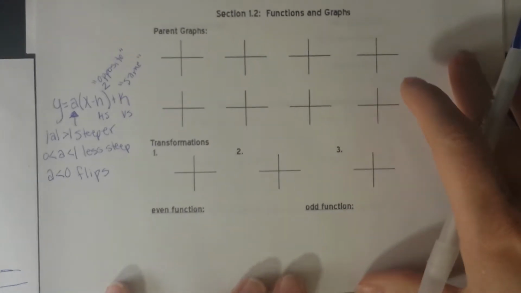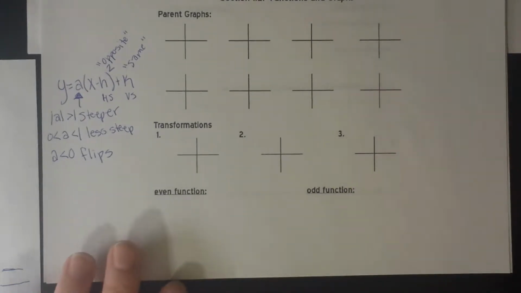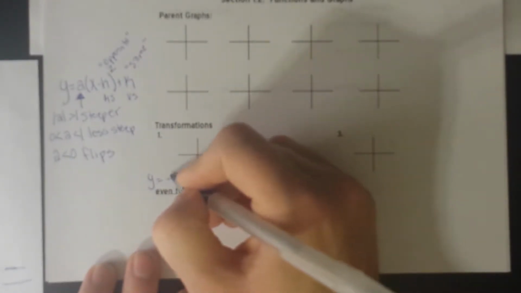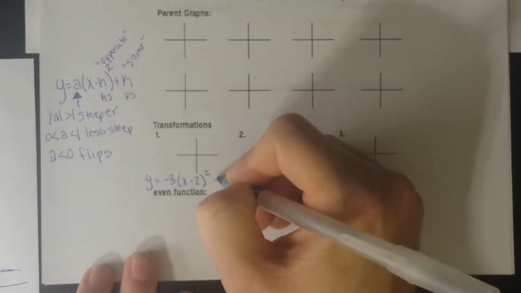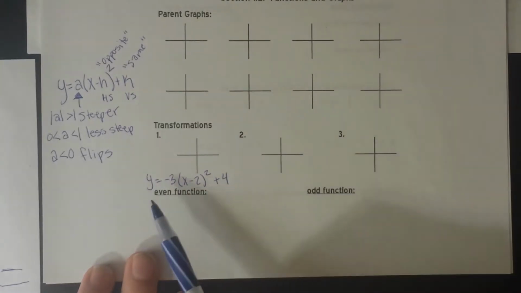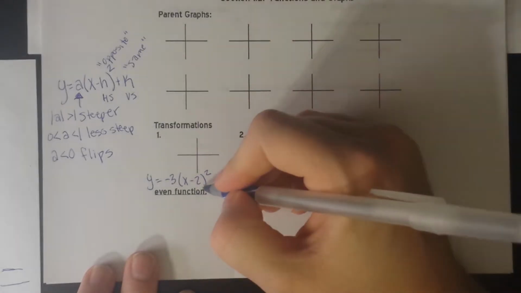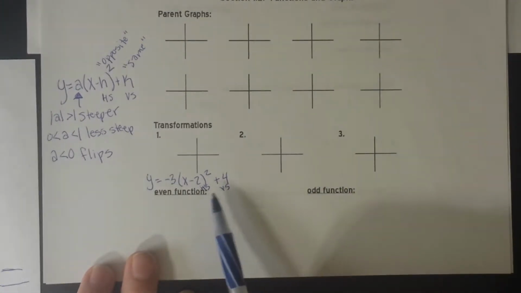So, quick transformations. Let's start with the quadratic. The first quadratic we're going to do is number 1, y equals negative 3 times x minus 2 squared plus 4. Okay, remember, horizontal shift, vertical shift.